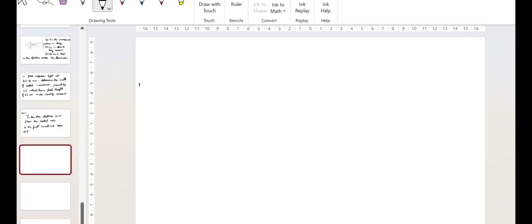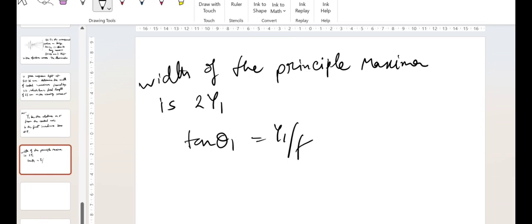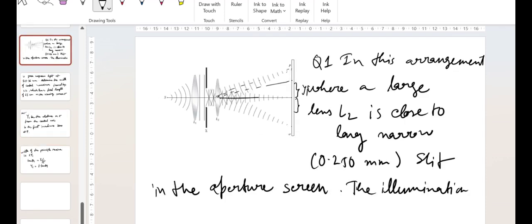Then the width of the principal maximum here is 2y1. Here tan theta 1 is y1 by f. So y1 will be f tan theta 1. So this distance is basically f, and this is theta 1.